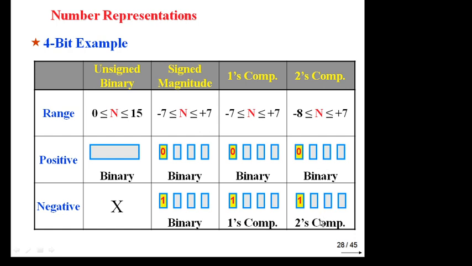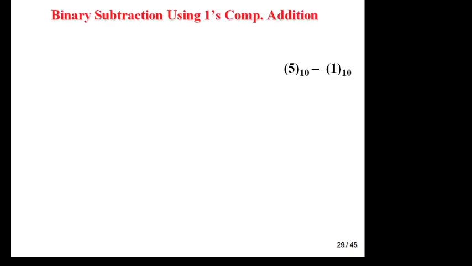Now we will learn how to perform arithmetic operations, how to perform subtraction in case of sign magnitude, 1's complement and 2's complement method. Before that, I would like to explain how to perform a minus b in 1's complement method.